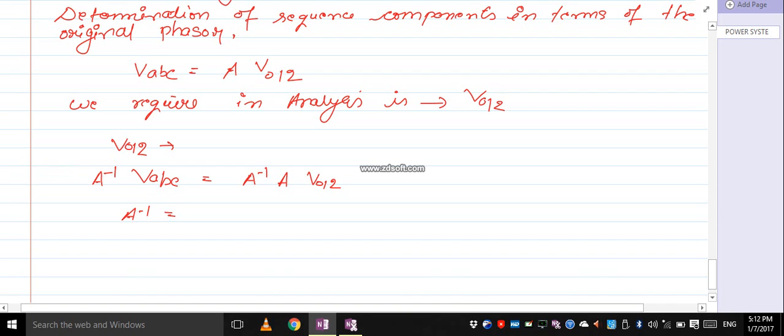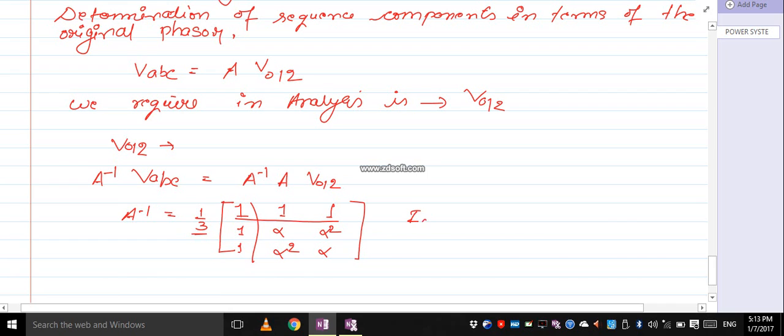You have to find A inverse, and directly with the help of a calculator you can find it, and you will get 1, 1, 1; 1, and so on. Remember that the first row and column are always 1 in both cases, and the only thing that changes is that alpha becomes alpha square and alpha square becomes alpha. A multiplication factor of 1 by 3 comes into existence.